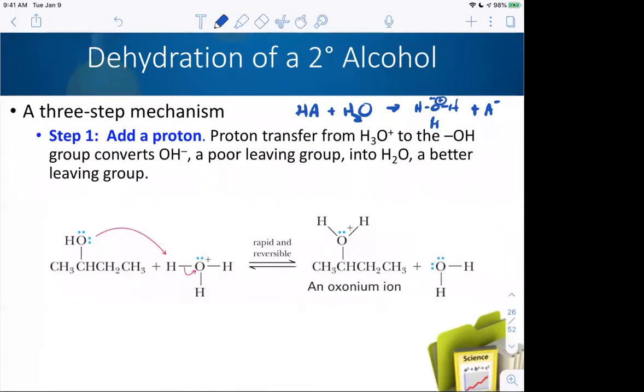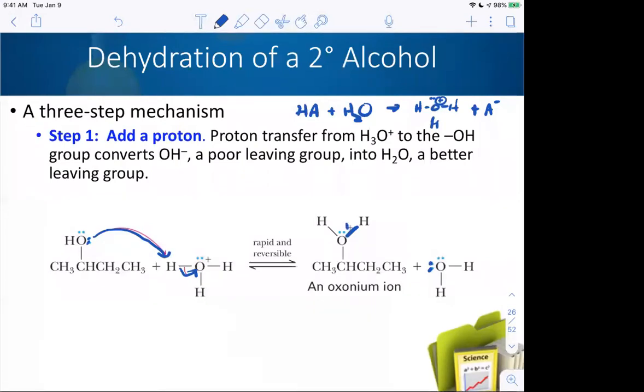So again, I have a proton transfer step. This is going to be attacking the hydrogen. This bond is breaking. This bond between the oxygen and the hydrogen is forming, and these electrons are what broke in the H3O+.